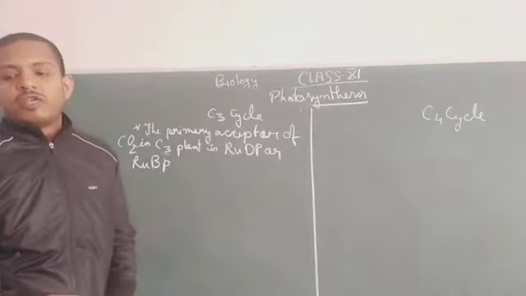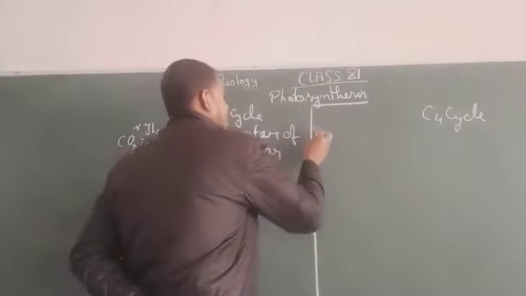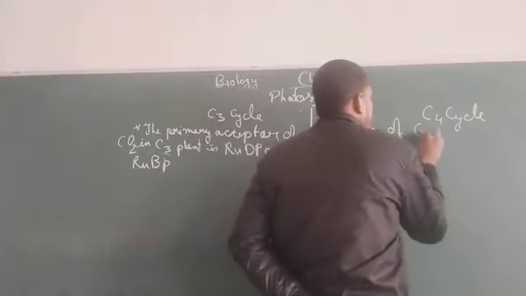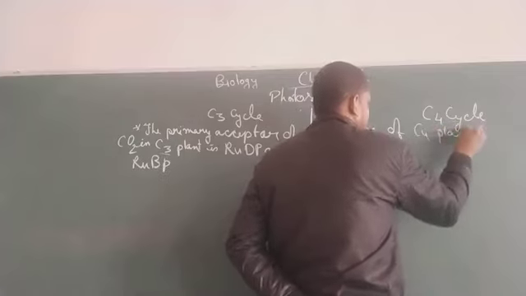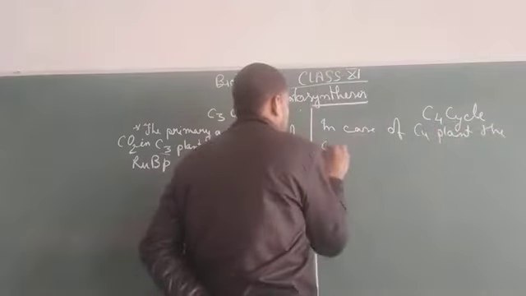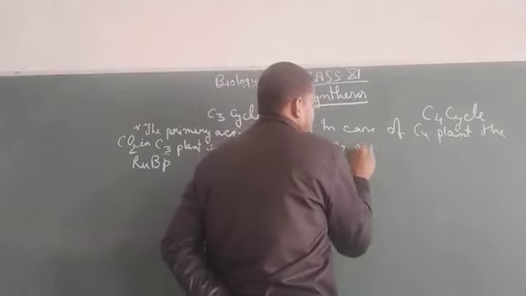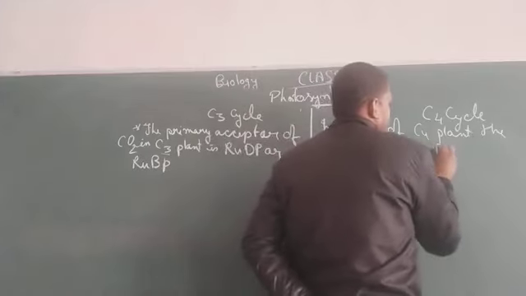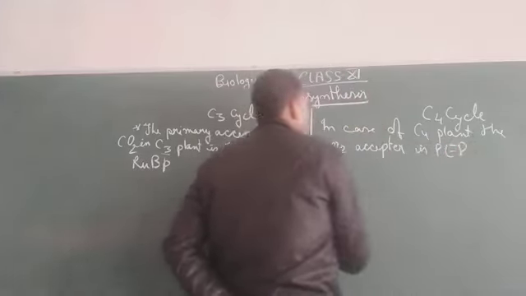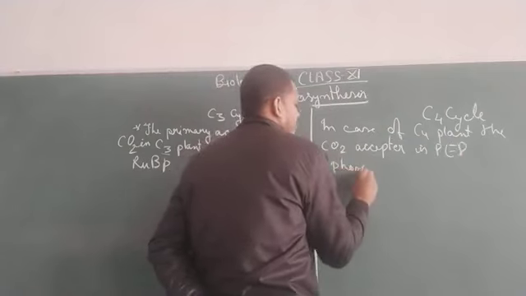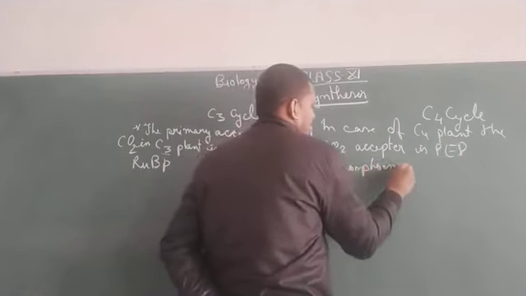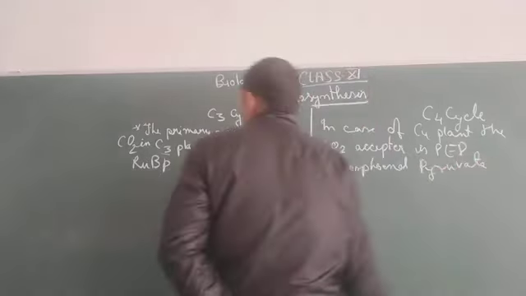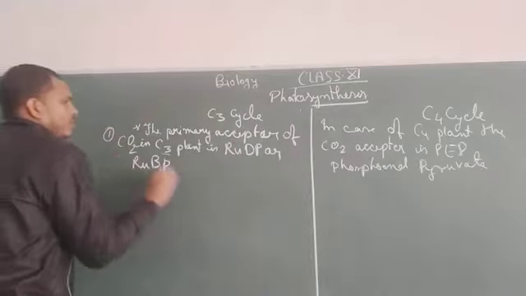Now, in the case of a C4 plant, the first carbon dioxide acceptor is PEP, that is phosphoenol pyruvate. Okay, so this is the first point.